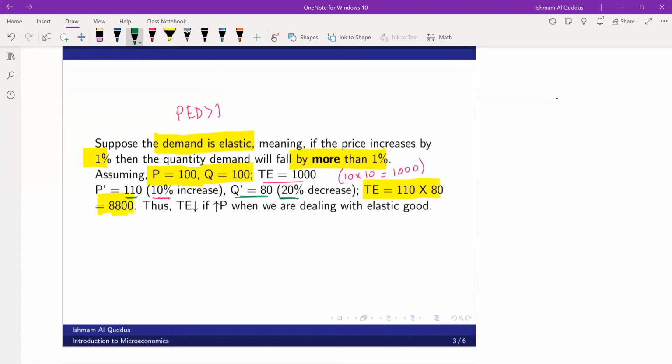So you see what's happening here: if the price goes up when we are dealing with an elastic good, then the total expenditure actually falls, because with the old price and quantity demanded, the total expenditure was 10,000, whereas the new expenditure is 8,800. So there is a decline in the total expenditure.